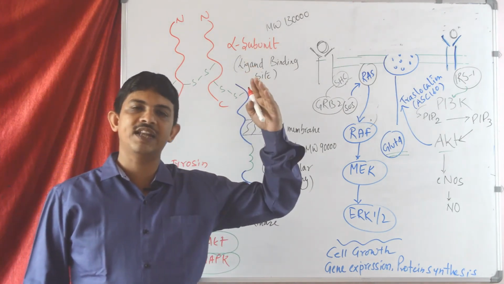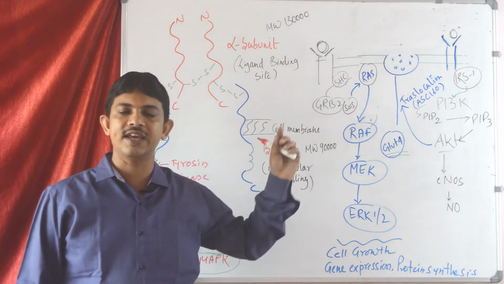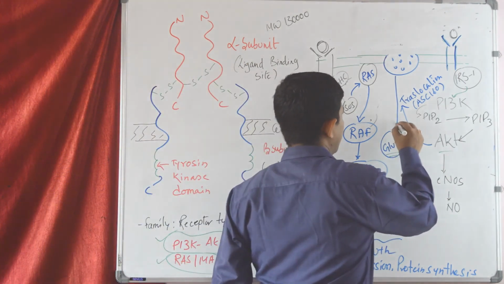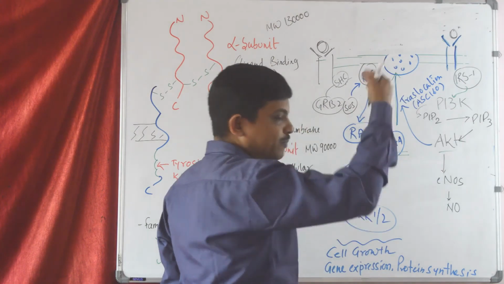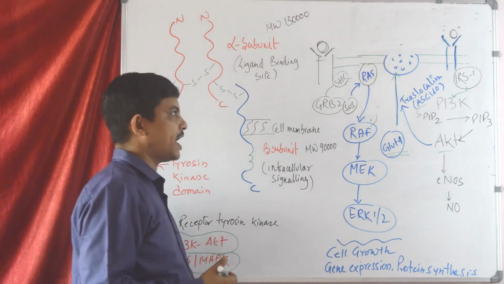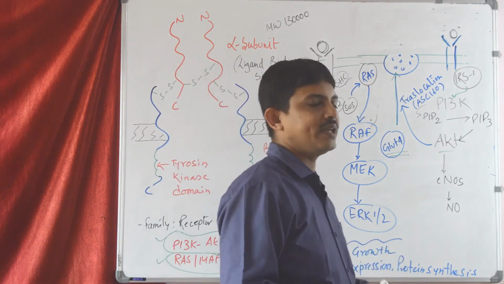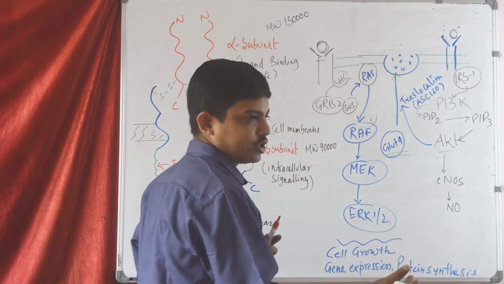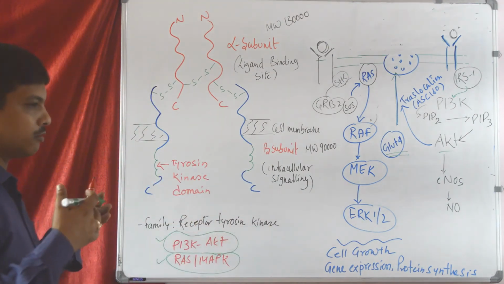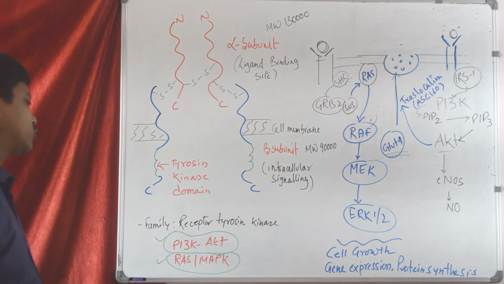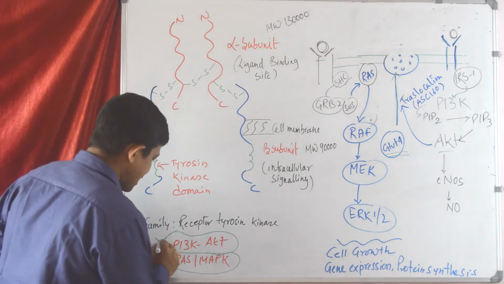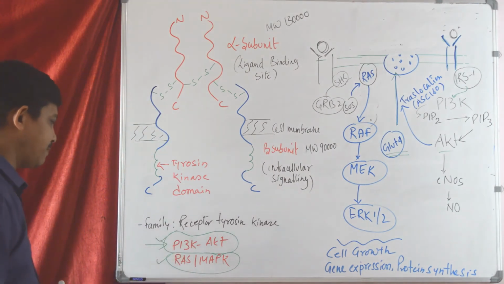In the pancreatic beta cell we discussed GLUT2, but here it is GLUT4. Through GLUT4 there will be the uptake of glucose into muscle and fat. So this is about the PI3K AKT pathway.